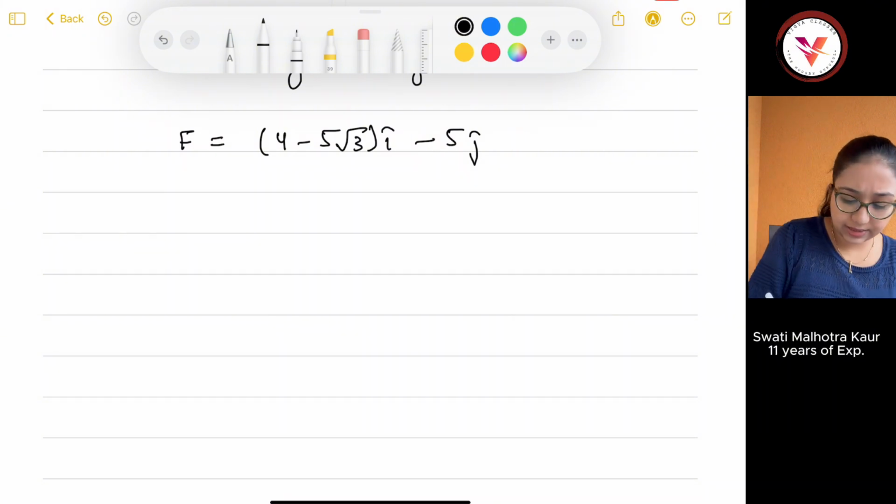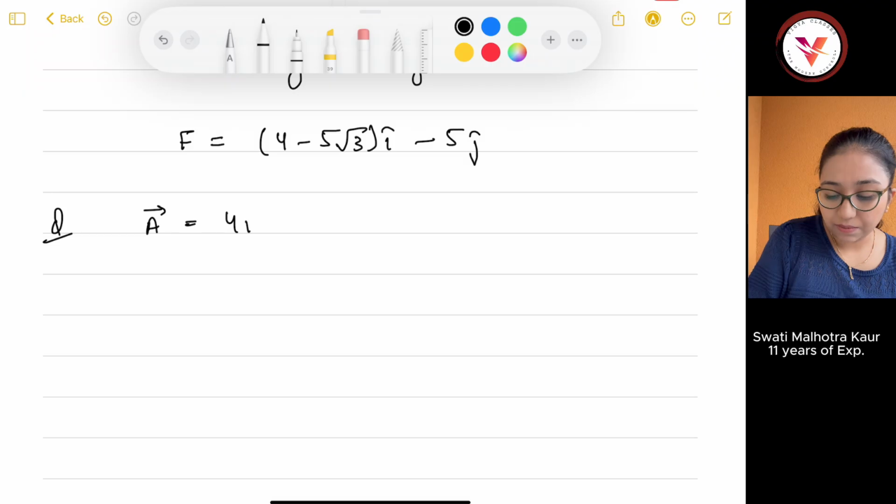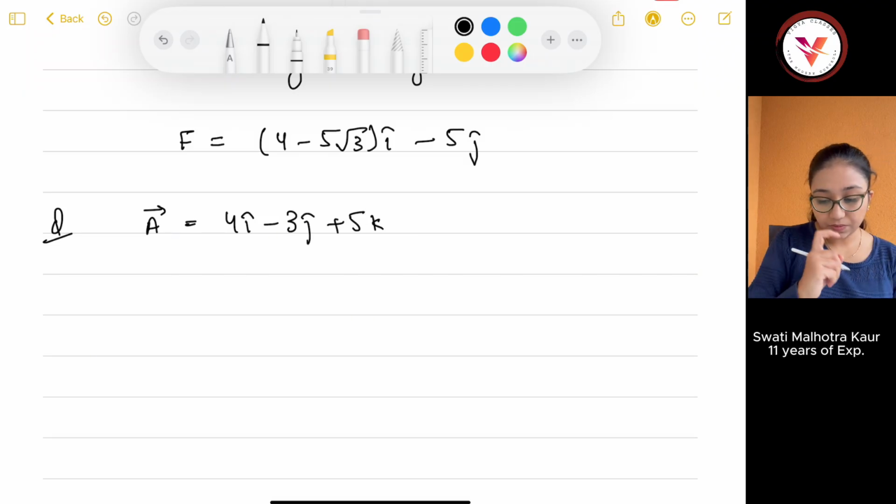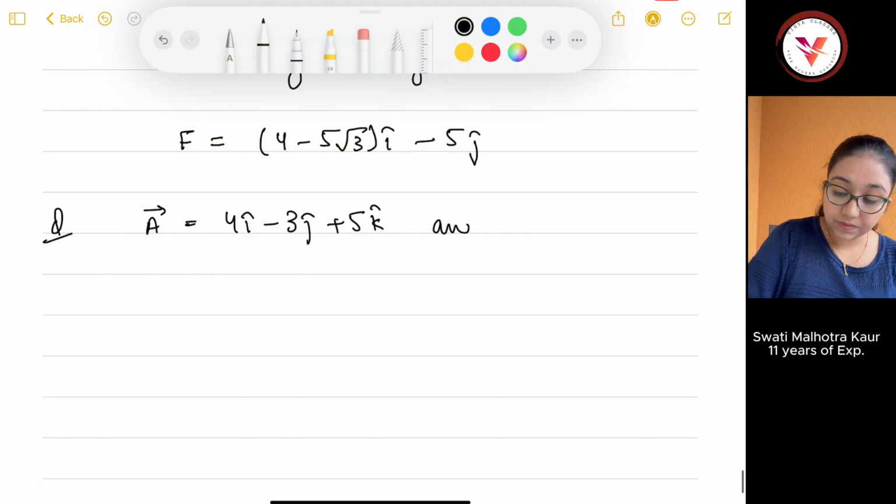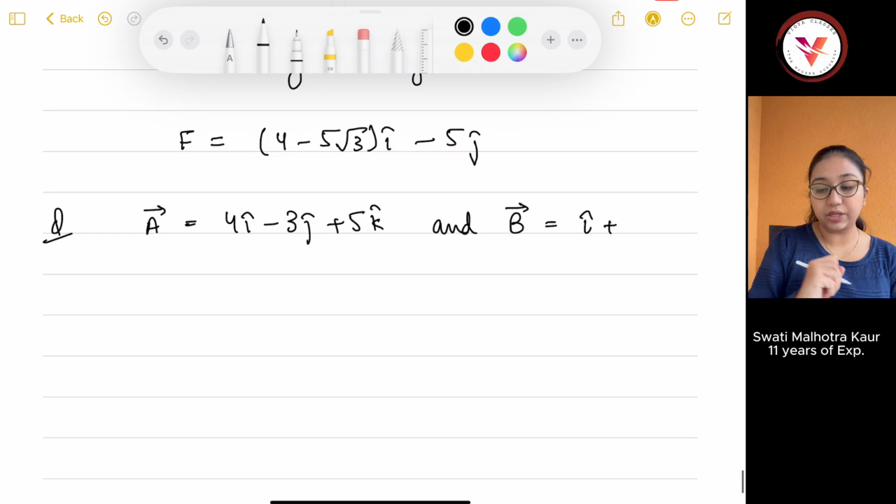Okay, let's take one more example. Let's say your A vector is 4i cap minus 3j cap plus 5k cap, and B vector is something like i cap plus j cap.